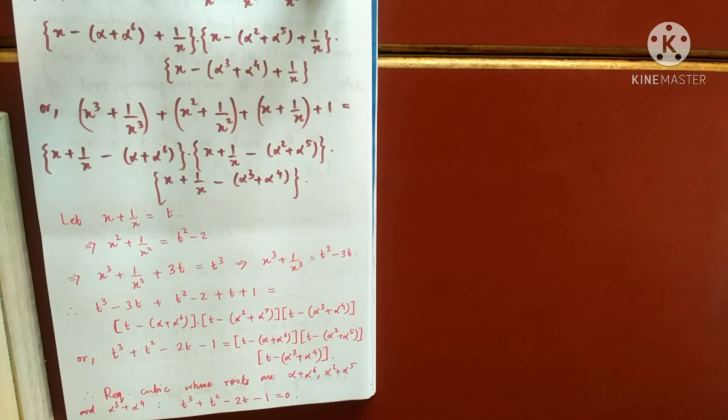Did you understand my point? You can also write it in terms of x: x cube plus x square minus 2x minus 1 equals 0. You know, by change of variable, this will not change anything, right?